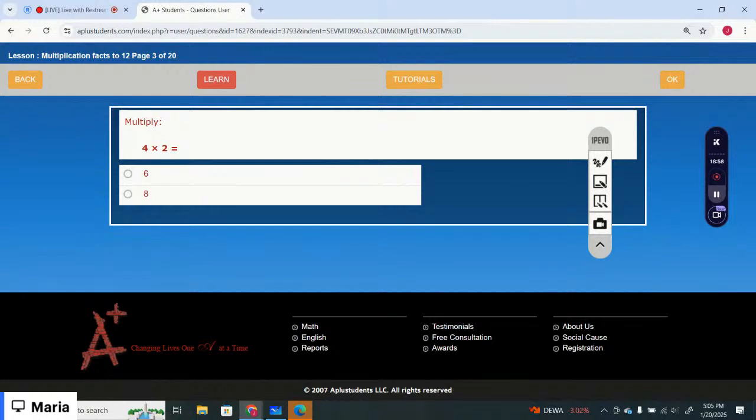Four times 2, which is the correct option? That is 8. The correct option is 8.